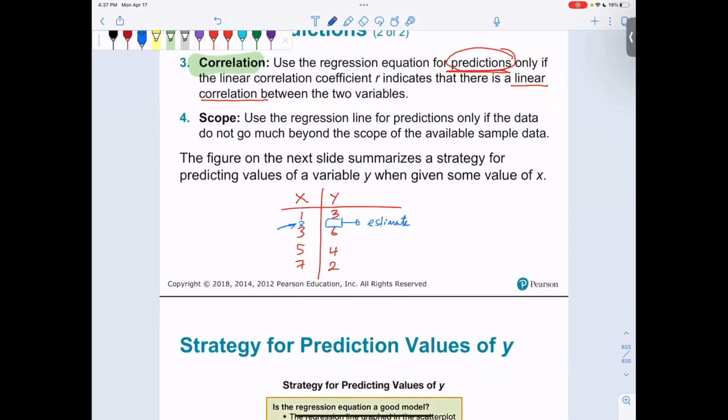But if we want to get the value here at 9, which is out of the scope of this data set, we call it a prediction. So if we are in the range of X, we call it an estimated value of Y. But if it's out of the range of X, we call it a prediction value, okay?